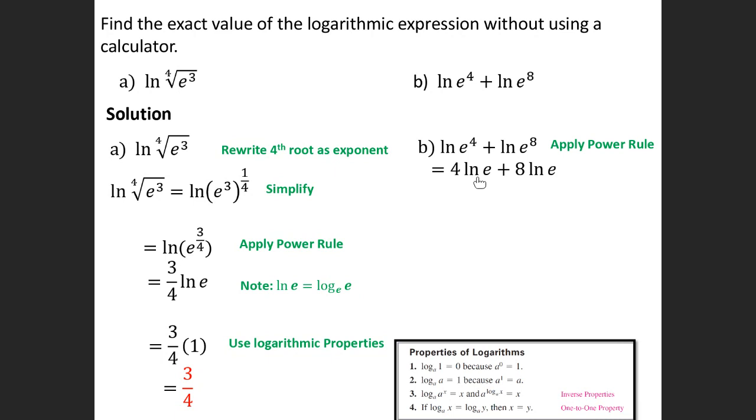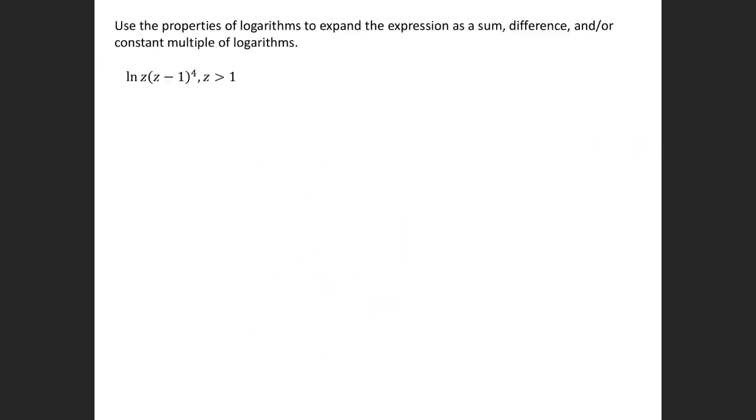We know that natural log of e is going to be equal to what? To 1. Okay, so we can use the same property, property number 2. So we get 4 times 1 plus 8 times 1. And 4 plus 8 is going to be 12. Any questions on that one?